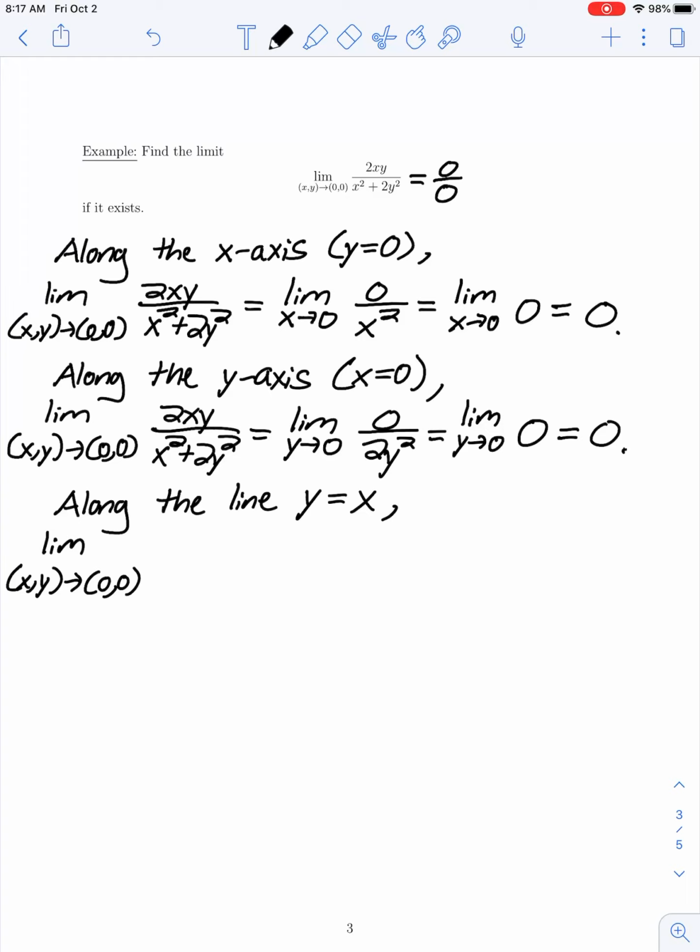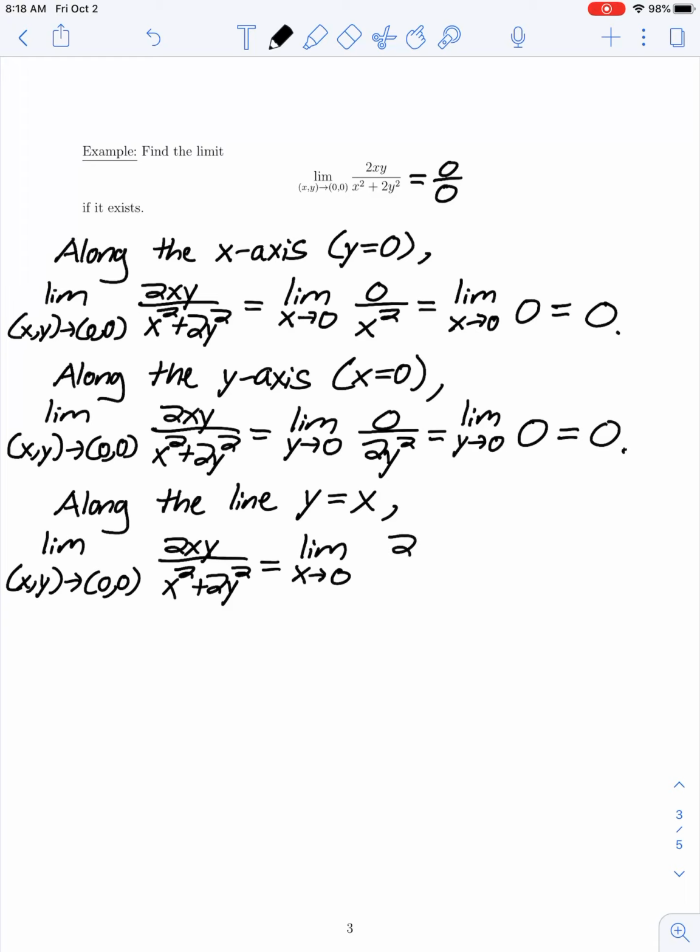the limit of our function 2xy over x squared plus 2y squared as (x, y) approaches (0, 0) will reduce to the limit of a single variable function of x, and let's see why. Now if we're working with points on the line y equals x, that means in the definition of my function that y and x are the same.